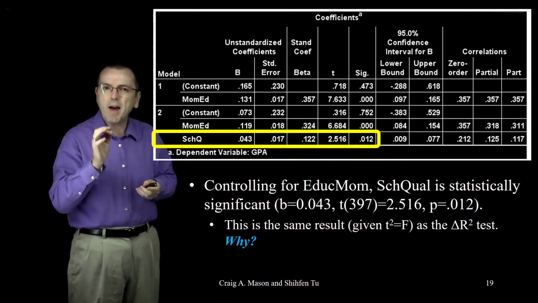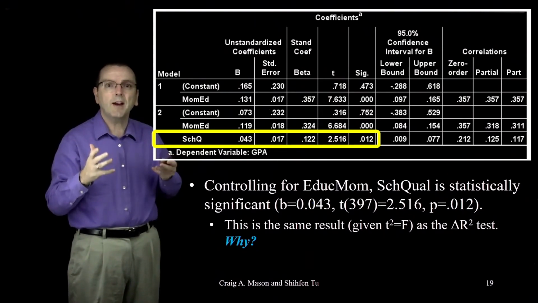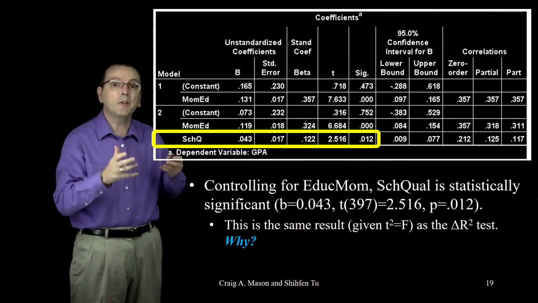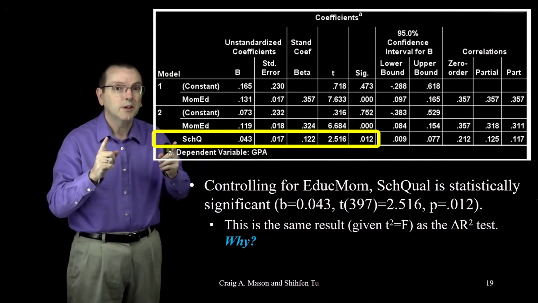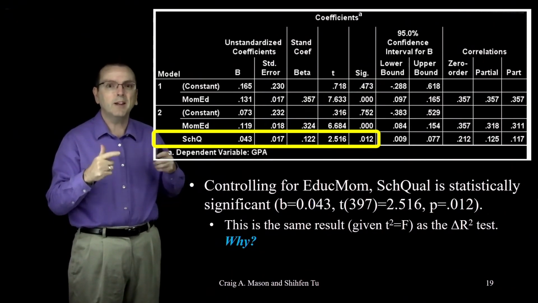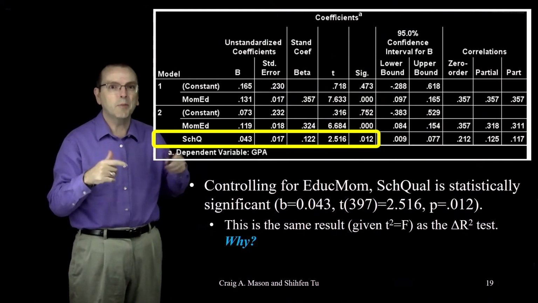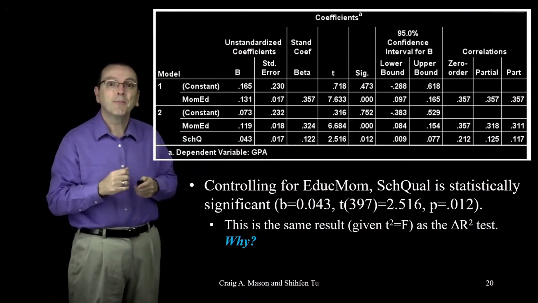And if you think about it, this makes sense. The regression coefficient is the unique effect of school quality controlling for mother's education in terms of school quality scores. And the change in R-squared is the unique effect of school quality controlling for mother's education in terms of variance.